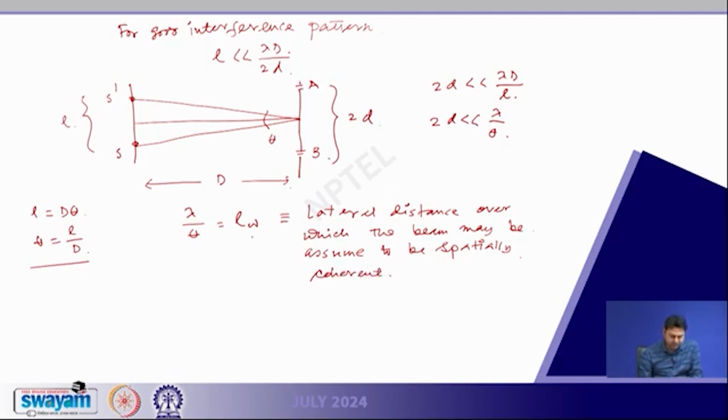So that is the length for which the beam can be considered to be a spatially coherent beam.